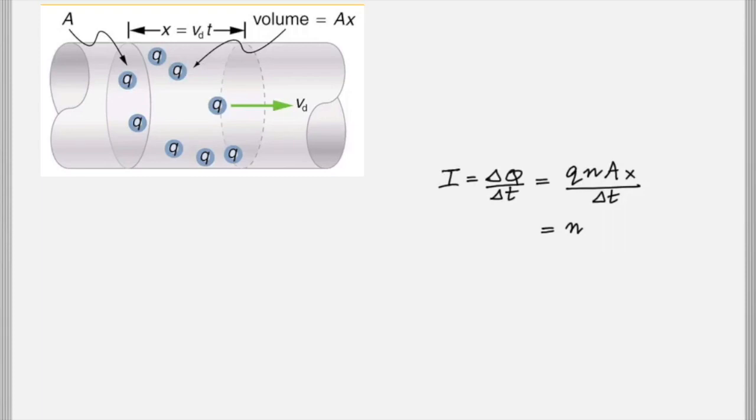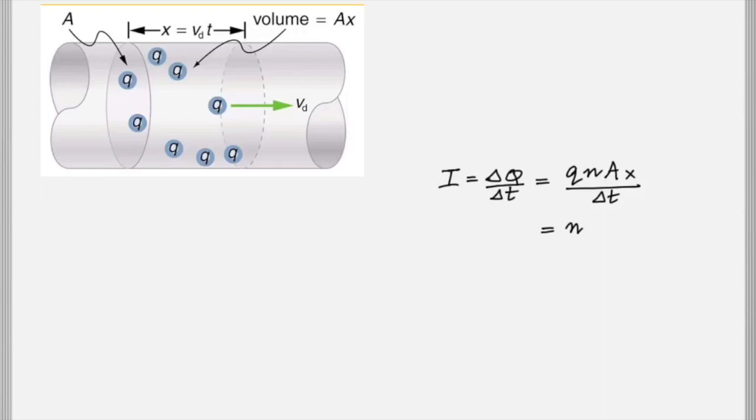What does that give you for a cylinder? A multiplied by x. Area times length gives you the volume. So when you multiply n with Ax, you're going to get the total number of free electrons in that entire volume. And so the total number multiplied by the charge of an electron gives you the total movable charge, and when you divide that by time, you get the current.